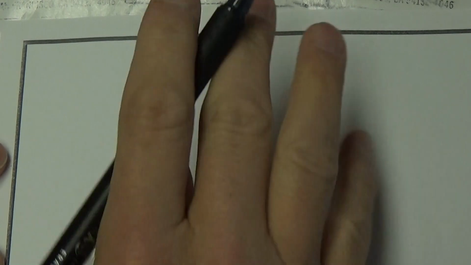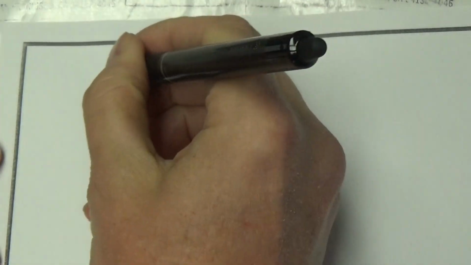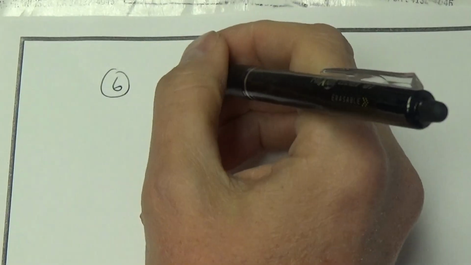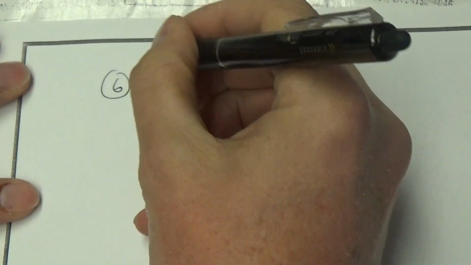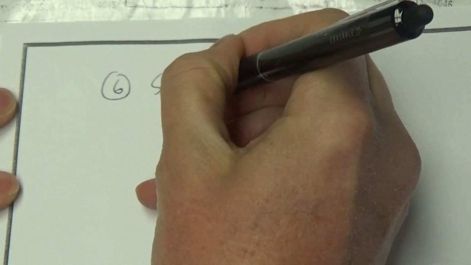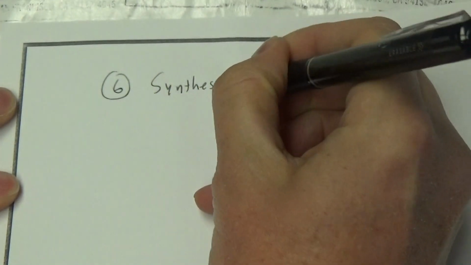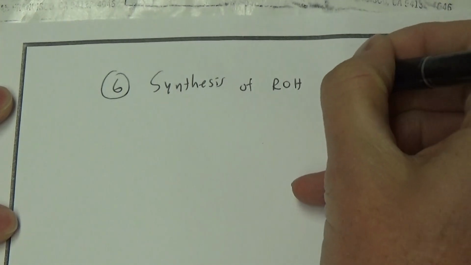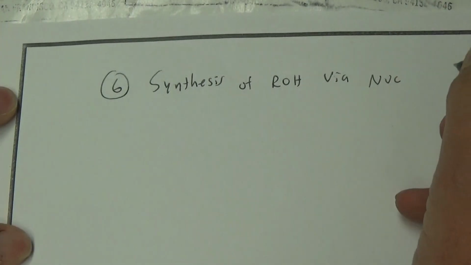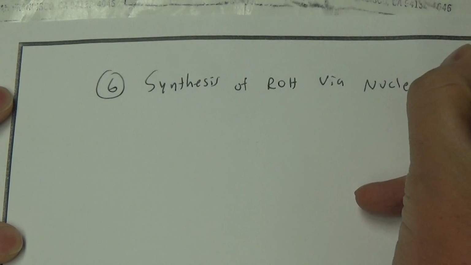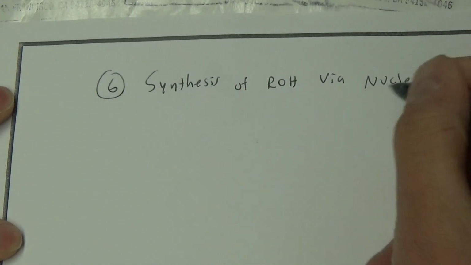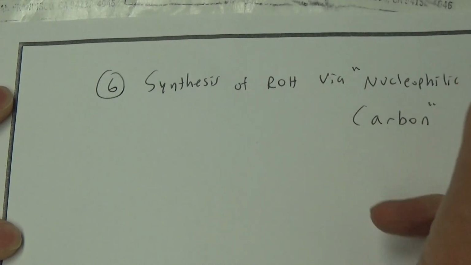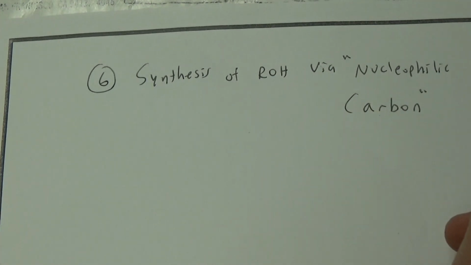Alright, and now we're on to the next topic, number 6, which is the synthesis of alcohols via nucleophilic carbon.